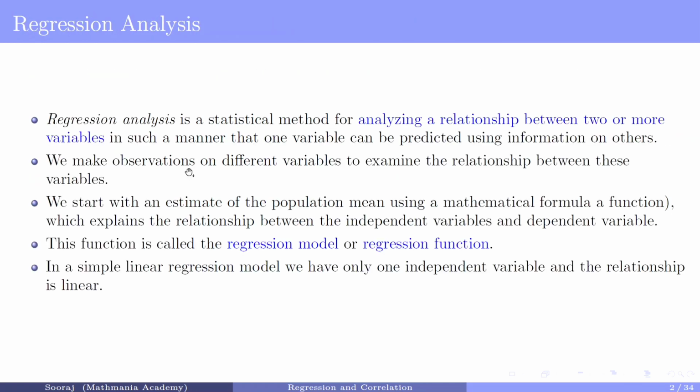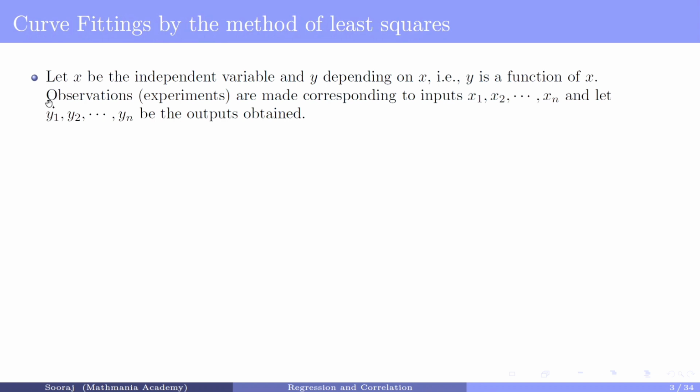Coming back, we have said that we have different observations on the variables. We consider x to be the independent variable and y to depend on x. Mathematically speaking, y is a function of x. The observations can be experiments also.